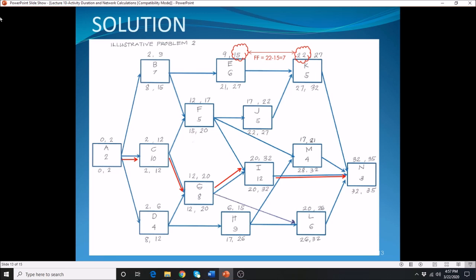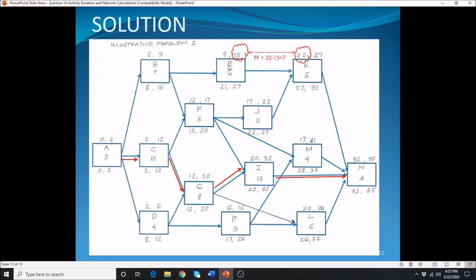B is the activity in question. What are the succeeding activities of B? They are E and F. Whatever is the minimum early start of the succeeding activities is the value we are going to subtract from the early finish of the activity in question.